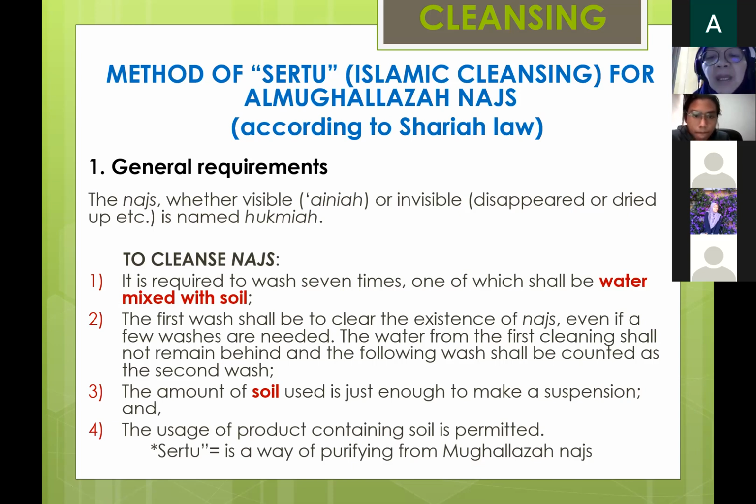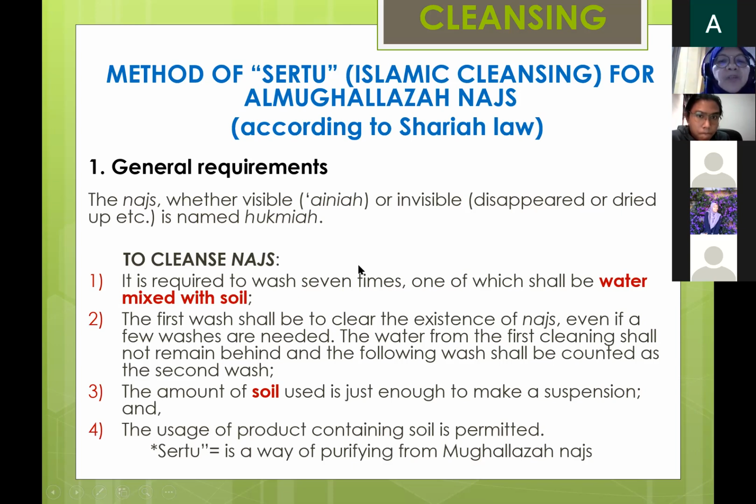The animal is not there anymore, but you know that the animal has come to that place or that house or that premise. Or for example, the urine from a dog is already dry, but you can see some pattern, you know there is najis here. So how to clean this najis?